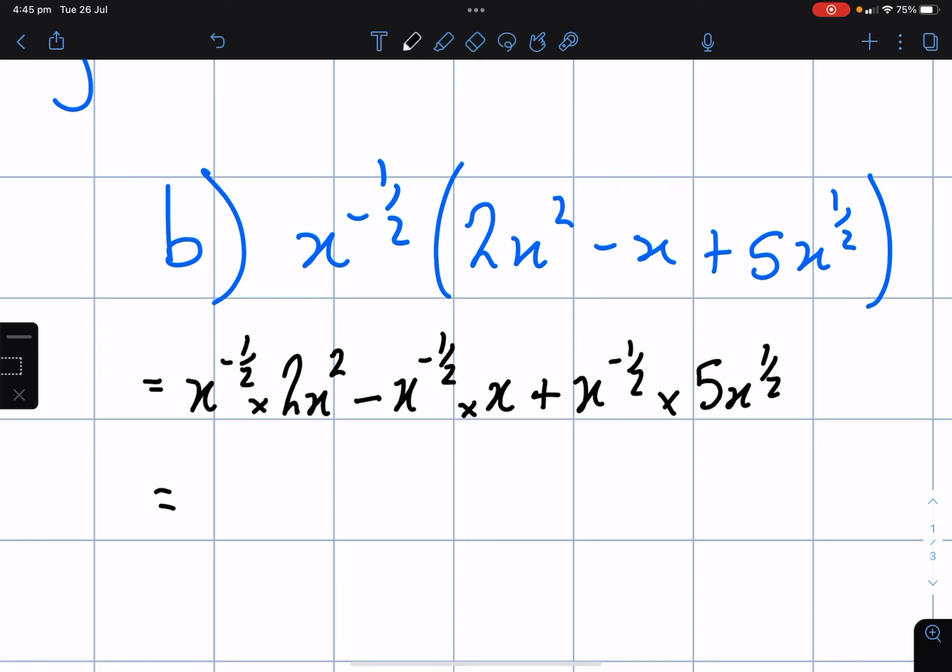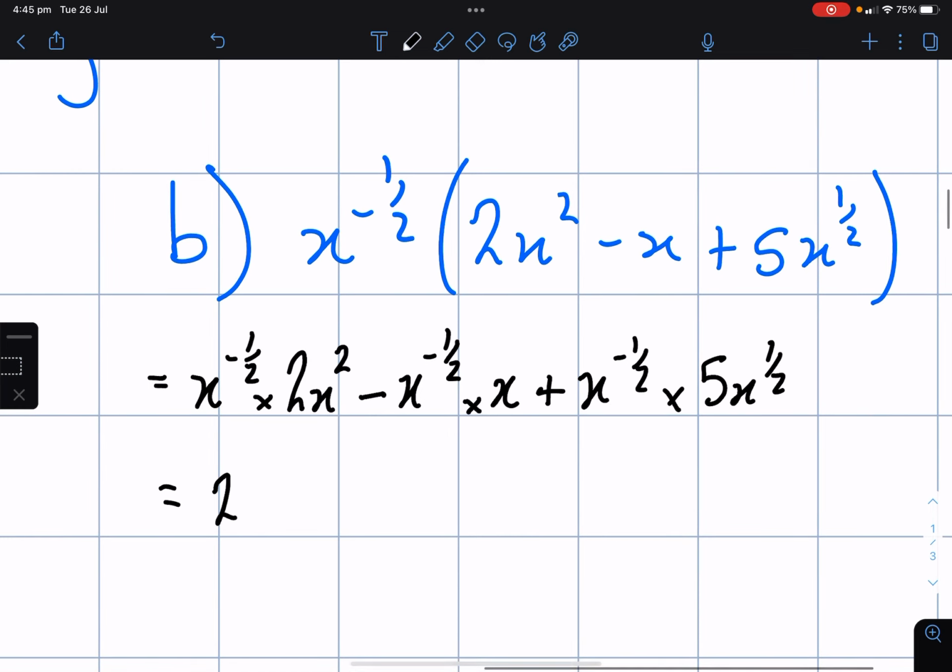All right, so the 2 comes out the front because it's the only value. It's like 2 times 1. Now, x to the negative a half times by x to the x squared. So we've got negative a half plus 2, or 2 take a half, which is 3 on 2. Take away, so we've got x to the negative half times by x to the power of 1.